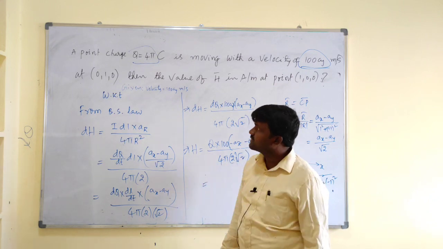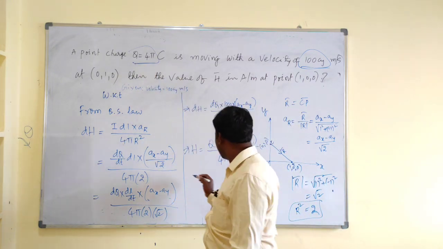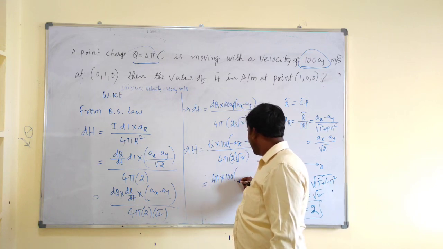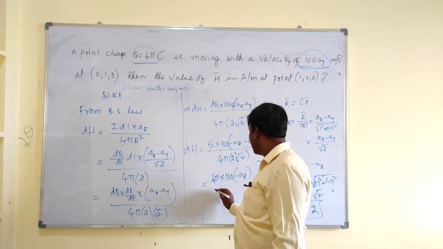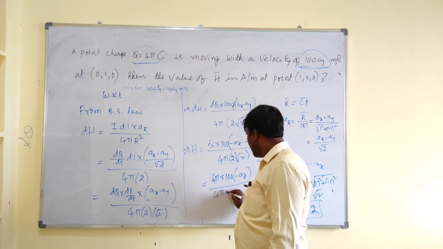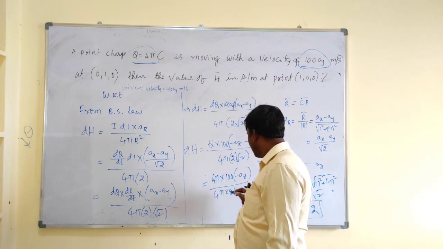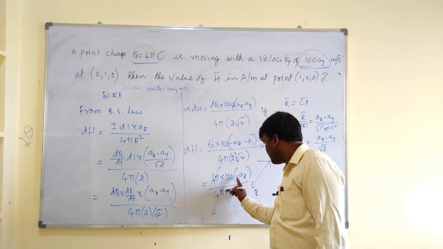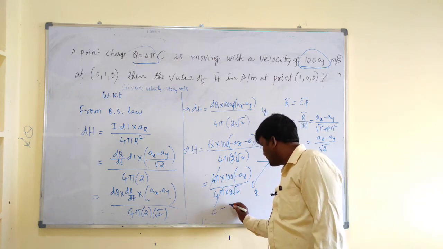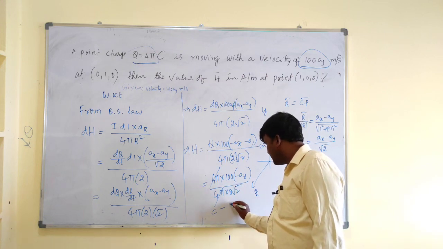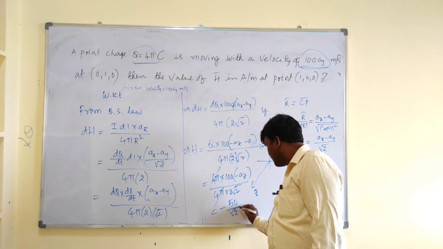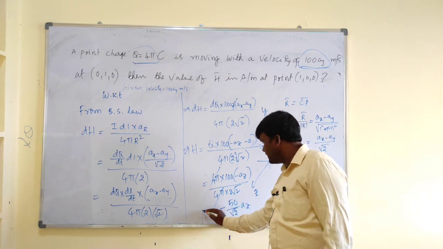Then the Q value is given as 4π, into 100 minus a_z, divided by 4π 2 root 2. Finally the 4π cancels out, and 100 by 2 is 50, so minus 50 by root 2 into a_z is the H value.